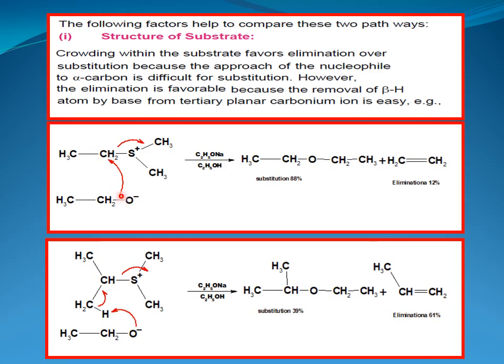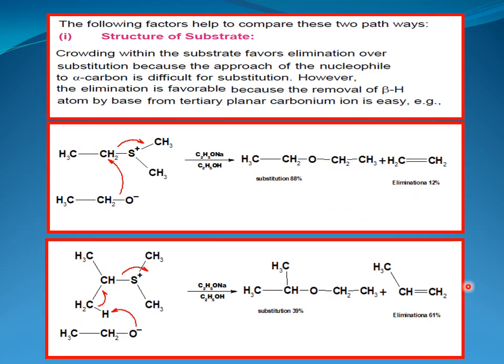Therefore, it is going to make a sigma bond directly with the alpha carbon, eliminating the leaving group, SCH3 whole twice. Now you can see the percentage of the substitution product is 88%, because the approach of the nucleophile to the alpha carbon is easy. Elimination product is 12%.